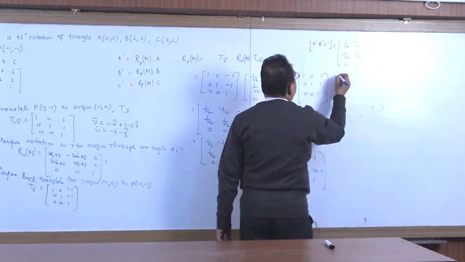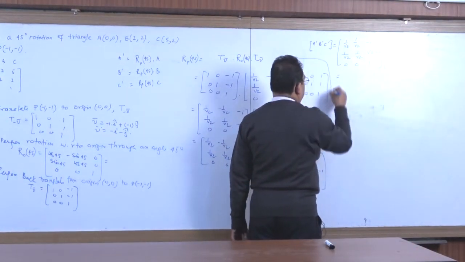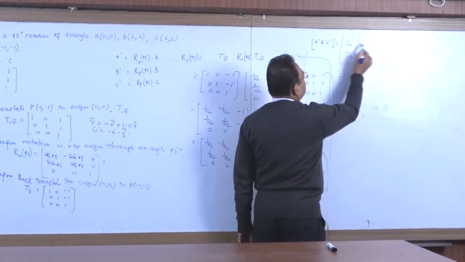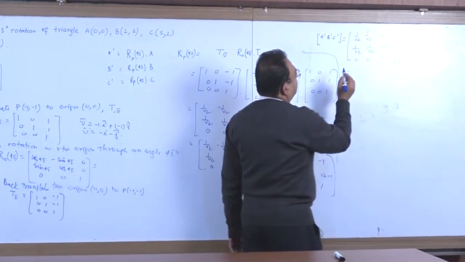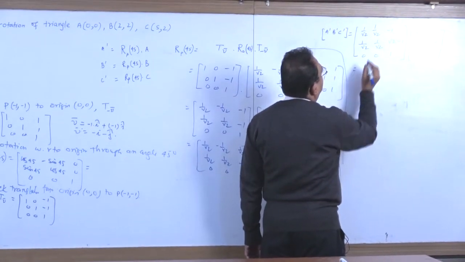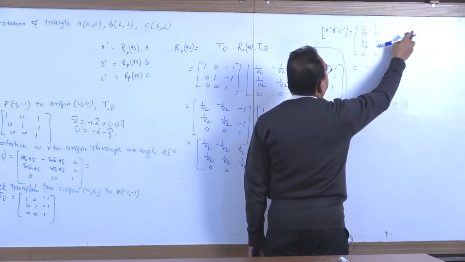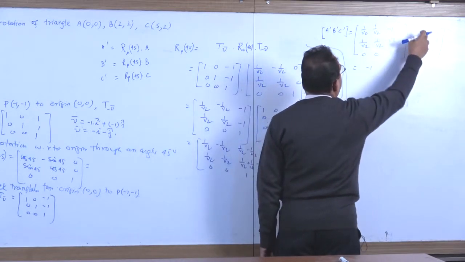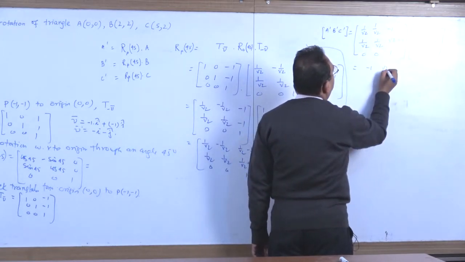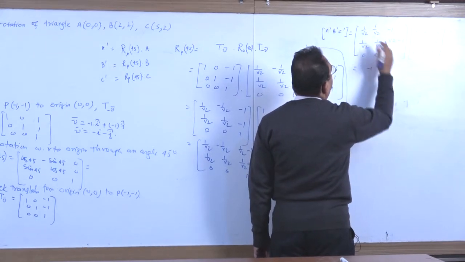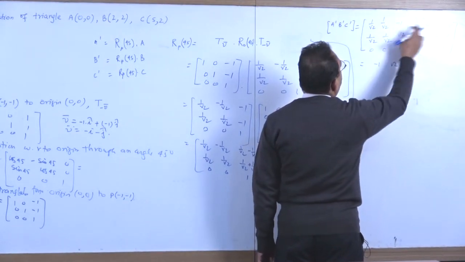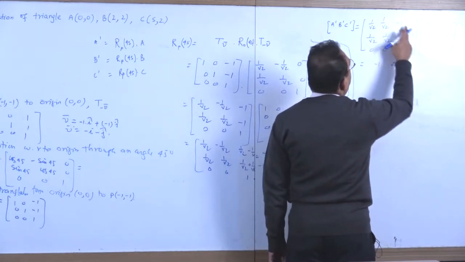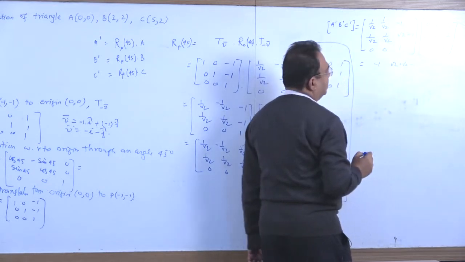So, if we multiply these two, we will get the corresponding transformed points, this into this. So, this will be minus 1, this into 0, this into 0, this into this. After that, this into this, that is root 2 by 2, this into this plus this into this, that is plus root 2 plus minus 1, this is the second value.